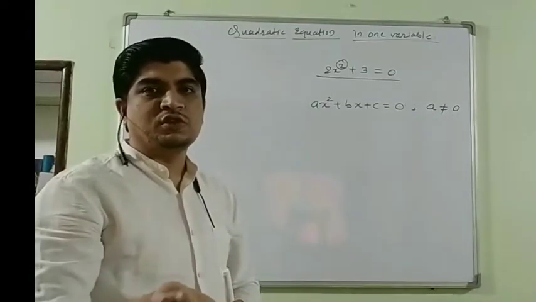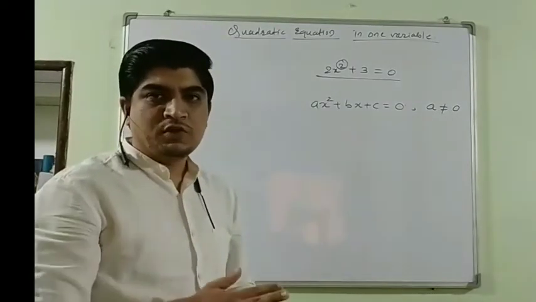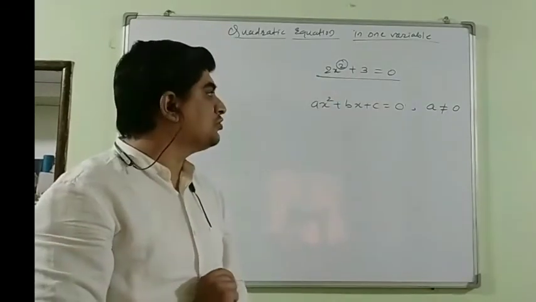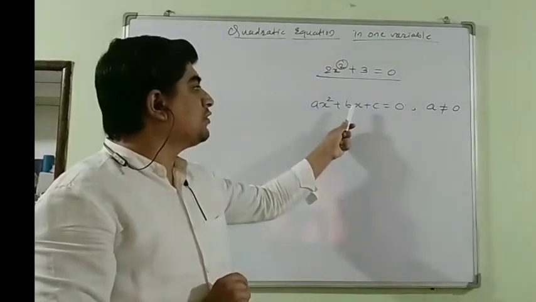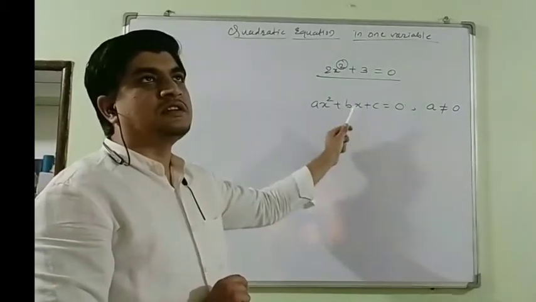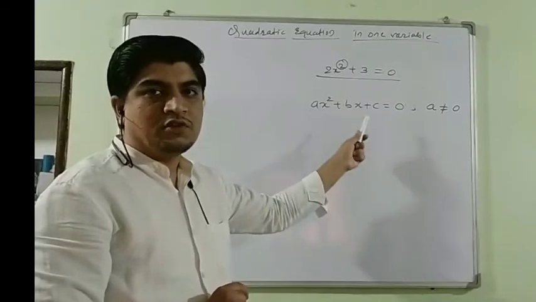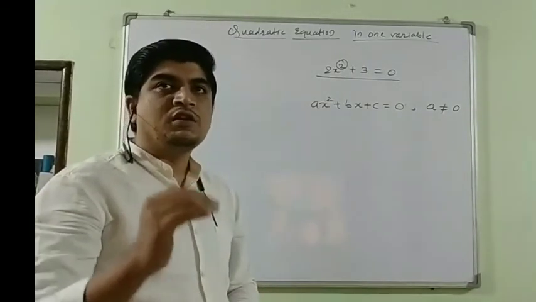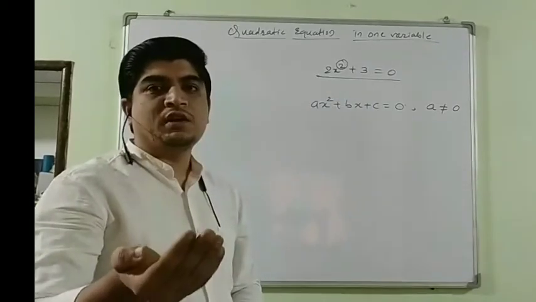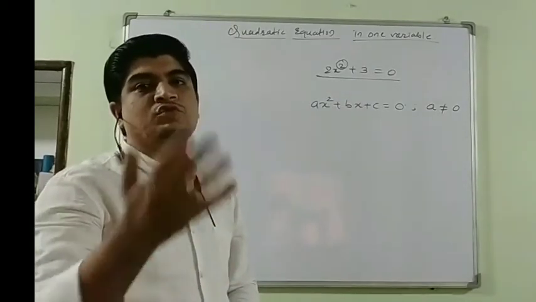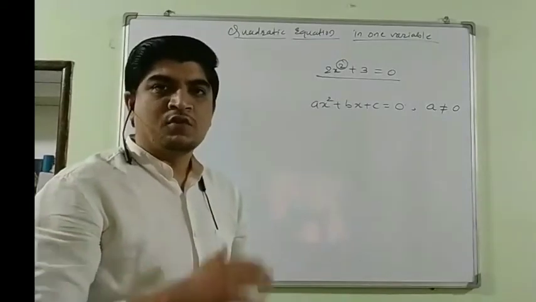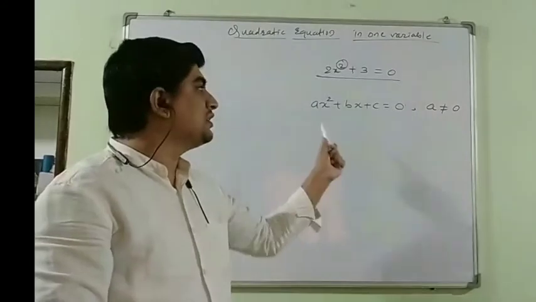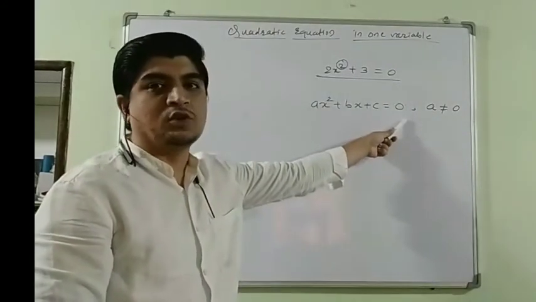What is the solution of an equation? Solution is nothing but the values of variable which satisfy the given equation. Therefore the values of variable which satisfy the given quadratic equation are called the solutions of that equation, or zeros of the quadratic equation, or roots of that quadratic equation. Why are these solutions called zeros? Because after substituting these values, we get the value of that polynomial as 0.